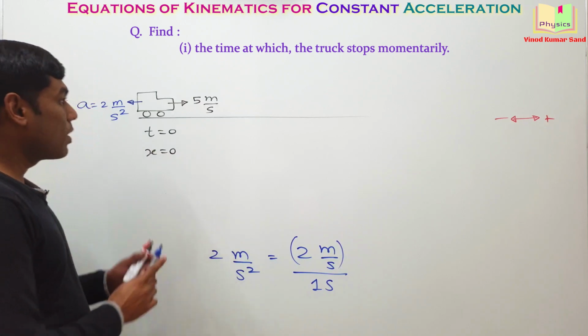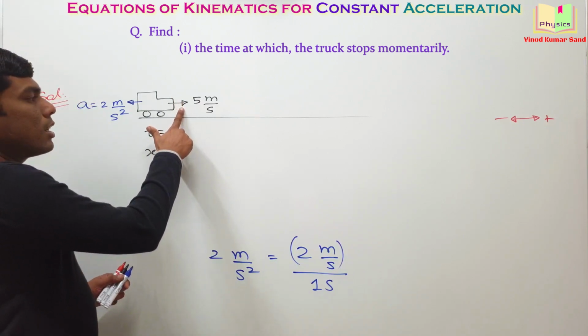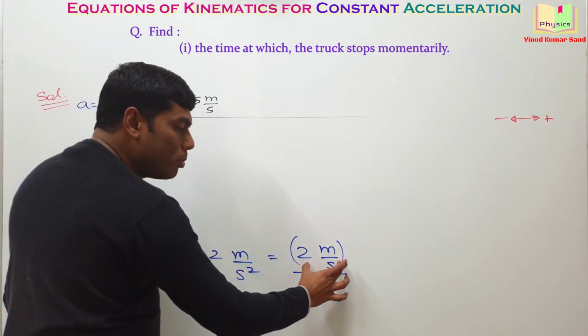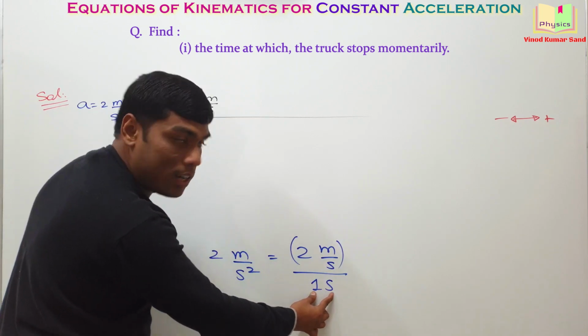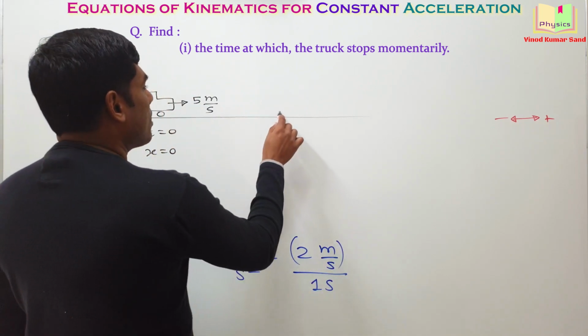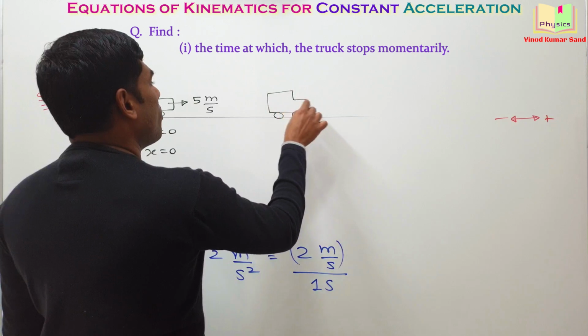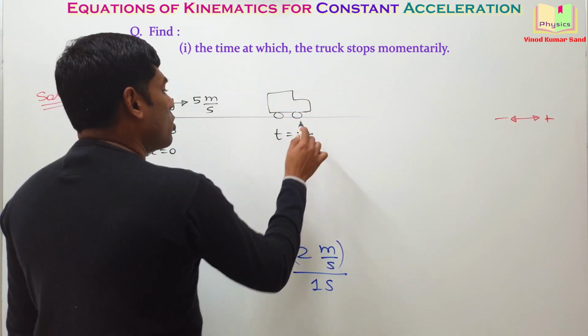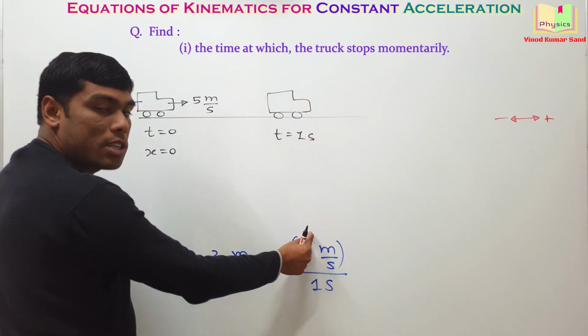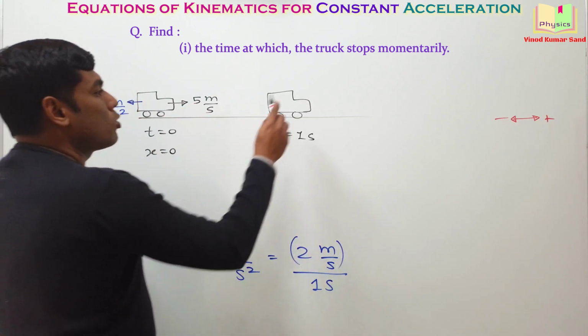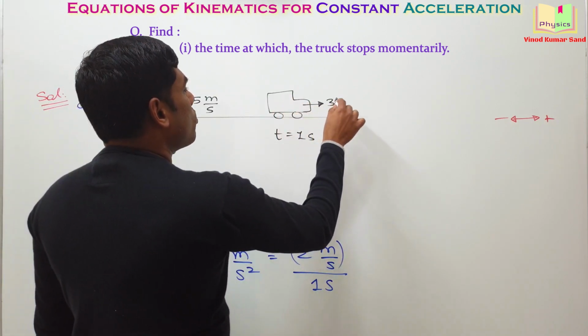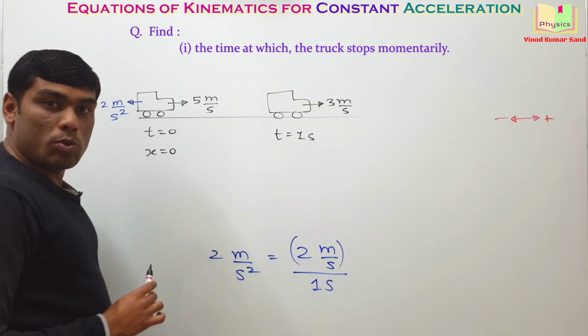Do you get this? So its velocity will reduce by 2 meter per second every second. If I ask you what is the velocity at t is equal to 1 second, what should be your answer? In 1 second velocity will reduce by 2 meter per second, so it will become 3 meter per second. Do you get it?